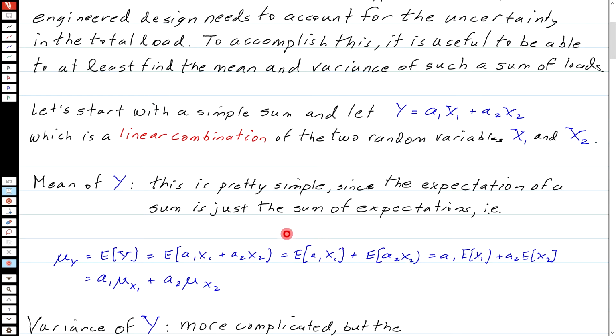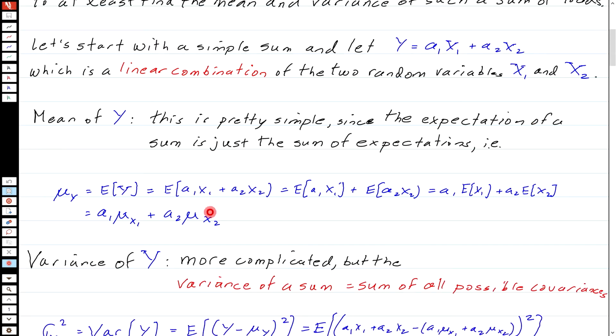We know constants can come out front because expectation is also just a sum, and all of the terms in that sum are multiplied by a1, so we can bring it out front. And so we get the expected value of y is a1 times the expected value of x1 plus a2 times the expected value of x2. And that kind of makes sense. If you look back at this equation here, the expected value of this thing is going to be a1 times the mean of x1 plus a2 times the mean of x2, which we get here.